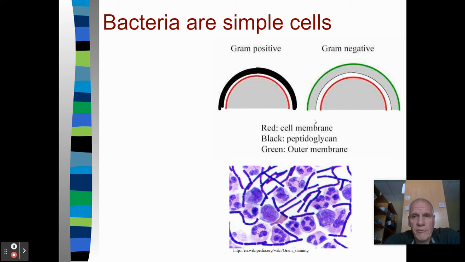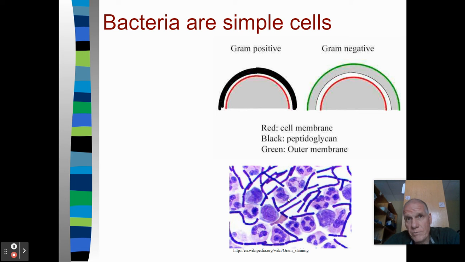We call them gram-negative because they don't take up this stain, which is called the gram stain. The gram stain dyes the peptidoglycan layer this nice purple color. If the bacterial cells are not purple when they've been subjected to gram stains, then they are the gram-negative ones.